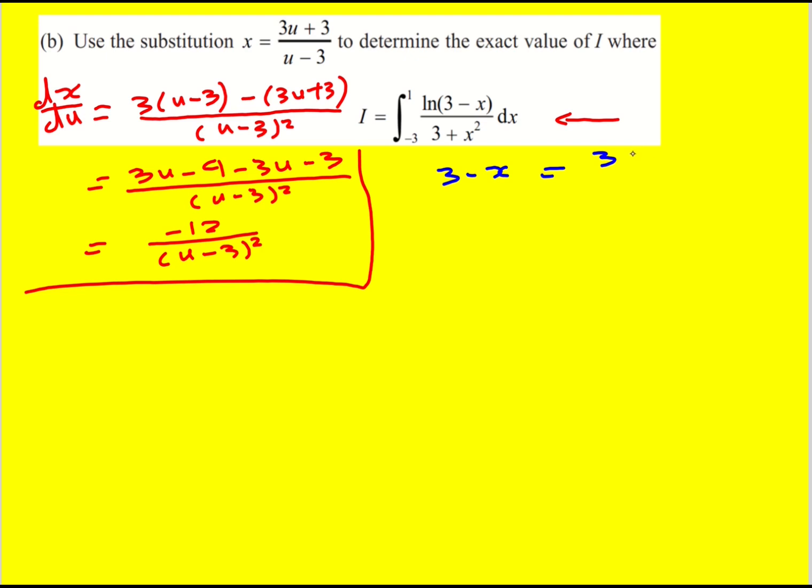So I'll get 3u minus 9 over u minus 3 minus 3u plus 3 over u minus 3. And actually, again, that will give me a minus 12 because I'm doing 3u minus 3u, and then minus 9 minus 3. So minus 12 over u minus 3.